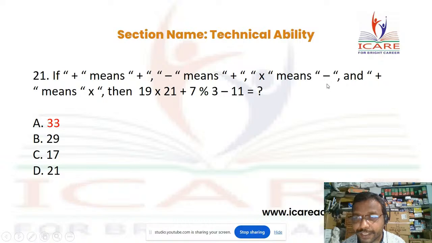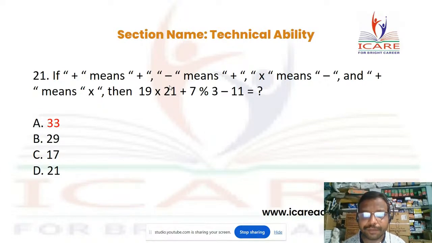Into means minus. Division means into. Okay. So according to that, you can solve this example. No problem at all. So these are some different types of questions. There is a chance to ask, especially in technical ability.